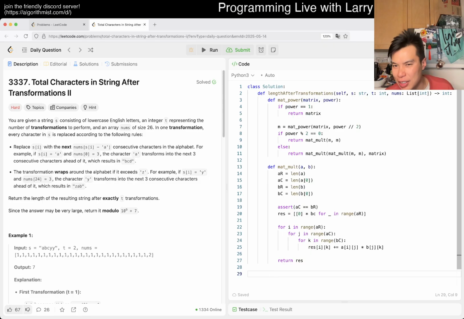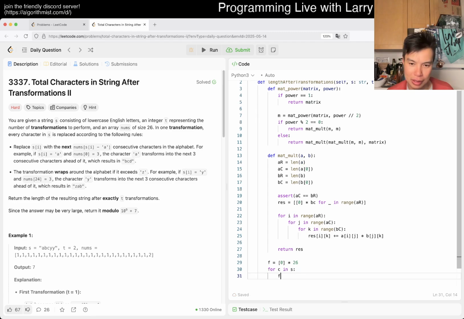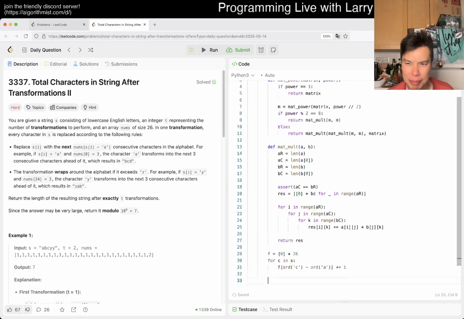The initial conditions are more straightforward. You could even say it is basically the same as yesterday's. So now you have the initial condition, and then you have to set up the transformation, which is given by nums.